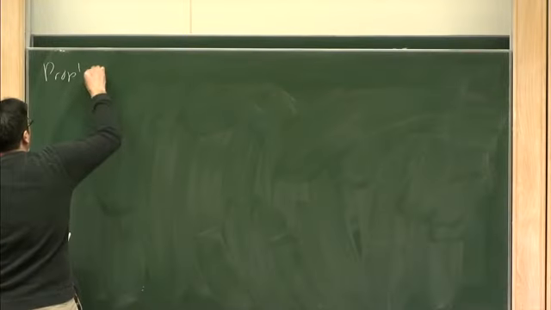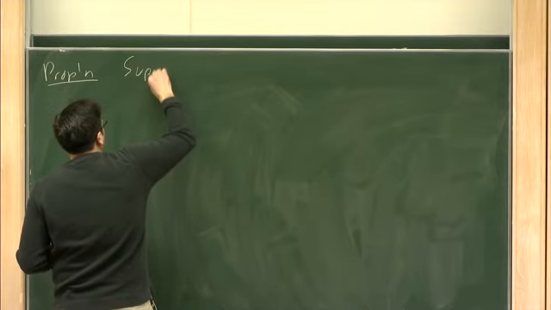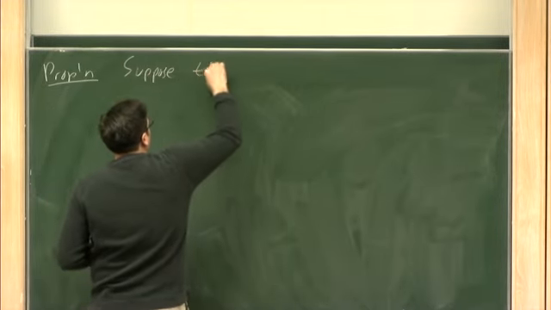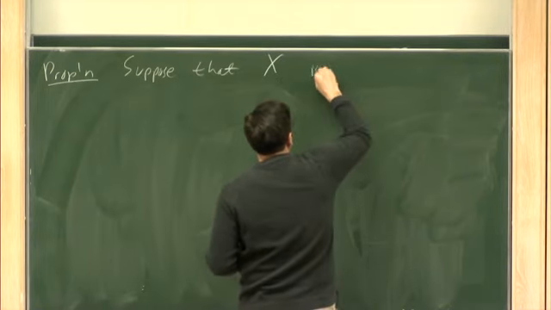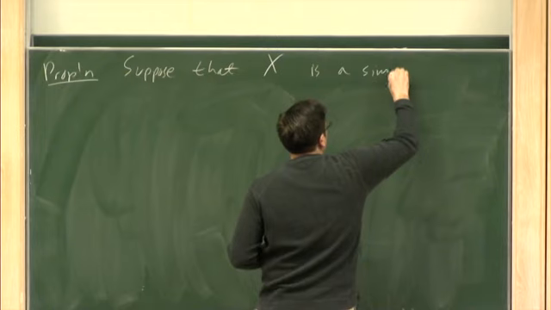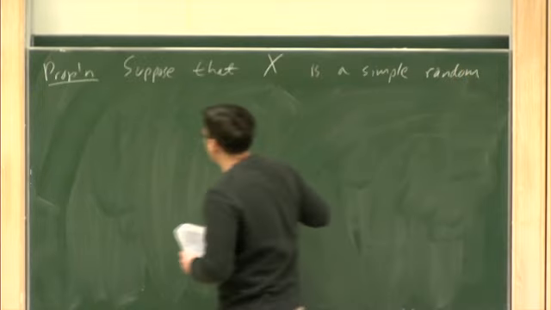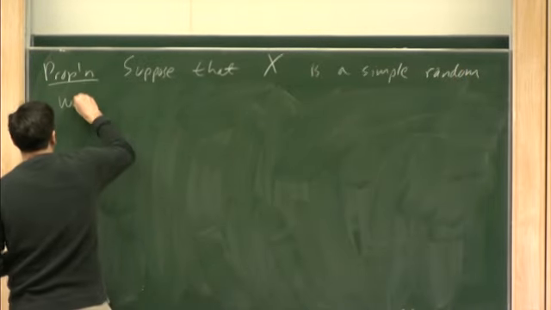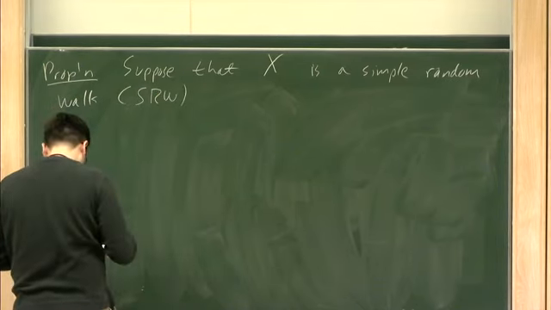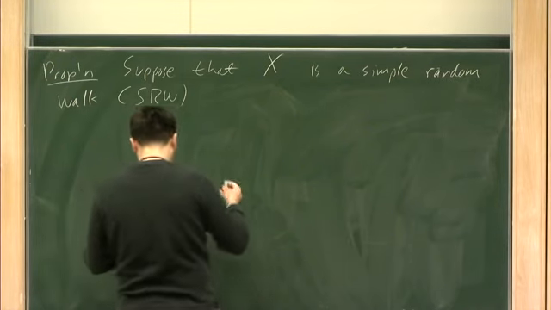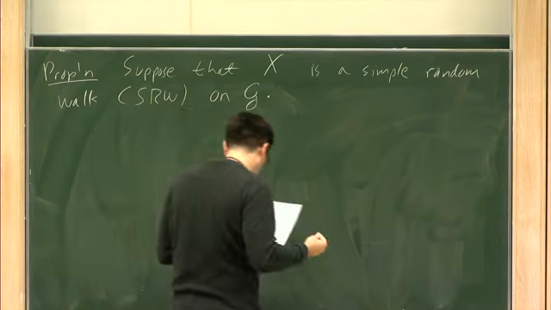Let me first just remind you what it means for something to be a simple random walk. So let's suppose that capital X is a simple random walk, which I'll abbreviate by SRW, on my graph.